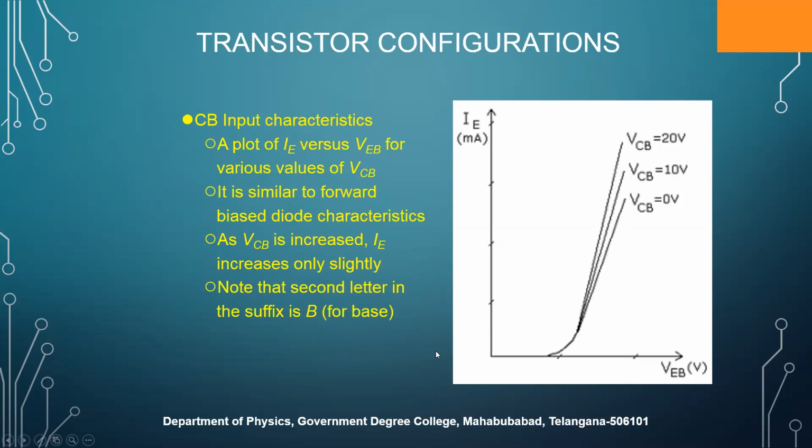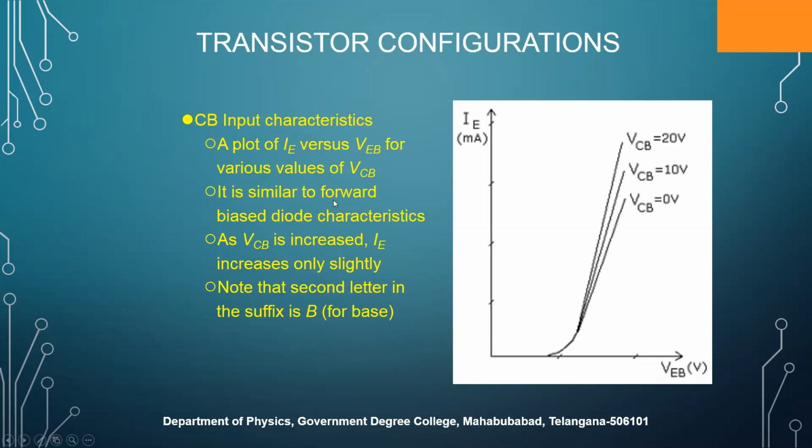This diagram is called the input characteristics of the transistor in common base configuration. So a plot of IE versus VEB for various values of VCB is shown in the figure.